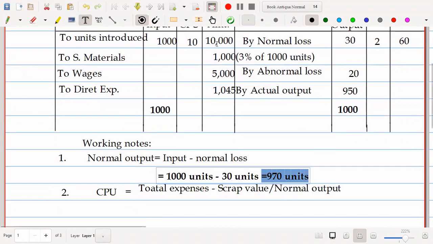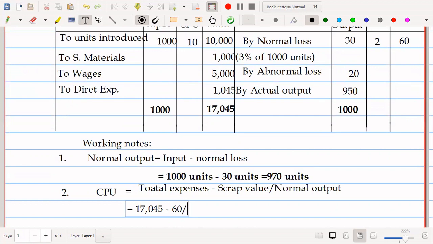Let us see what is the total of all these expenses. The total will be 17,045 rupees. So CPU is equal to total expenses 17,045 rupees minus the scrap, that is 60 rupees, divided by normal output.